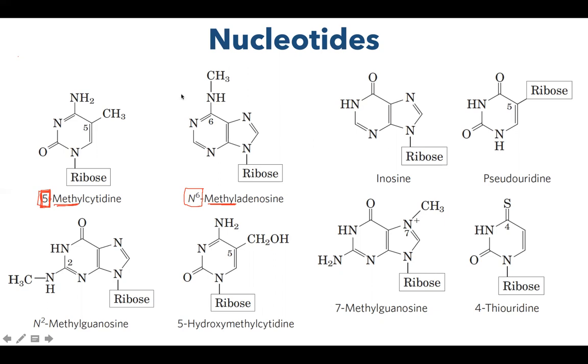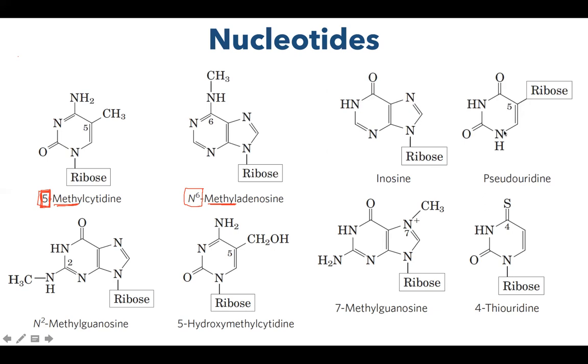However, there are some rare nitrogenous bases with their common names, such as inosine. This purine has a common name, inosine. This one is pseudouridine. It's pseudouridine because it's attached in a different way compared to the normal nitrogenous base.